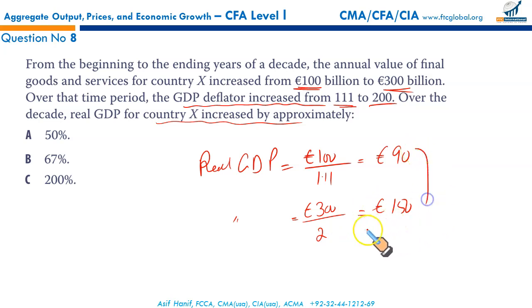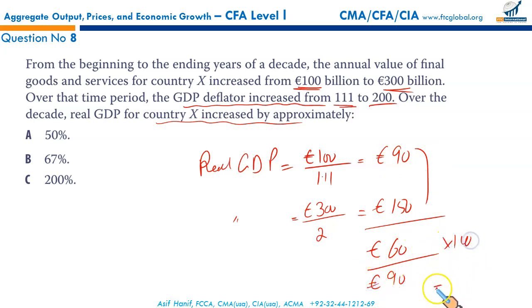So real versus real, the increase over the period is 60 billion euros, and 60 billion euros is what percentage of a decade ago's real GDP? 60 by 90 times 100, it's 66.67 or 67%. That makes B the correct option.